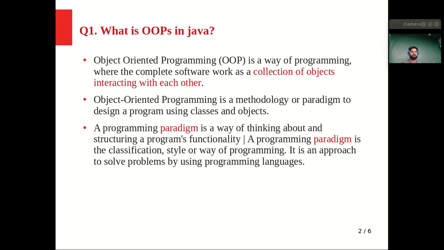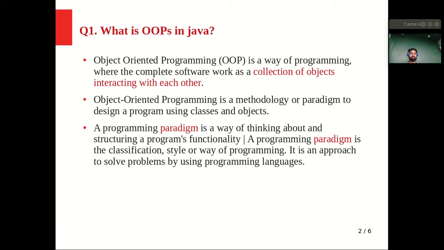Object-oriented programming organizes a program around objects and well-defined interfaces. Or you can say that object-oriented programming is a methodology or a paradigm to design a program using classes and objects. So classes and objects play a key role in this concept.